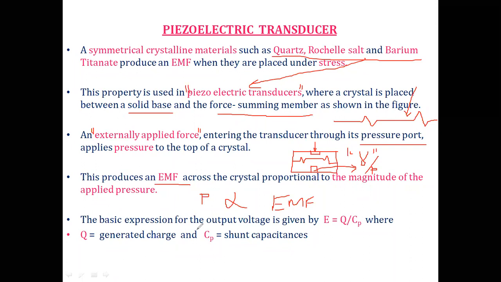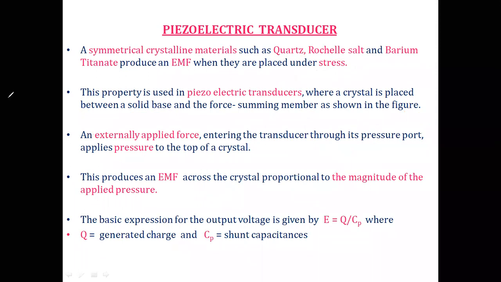The basic expression for the output voltage is given by E is equal to Q by Cp, where Q is the generated charge and Cp is the shunt capacitance. This is the basic theory for this piezoelectric transducer.